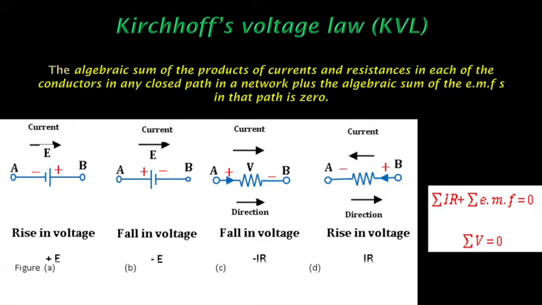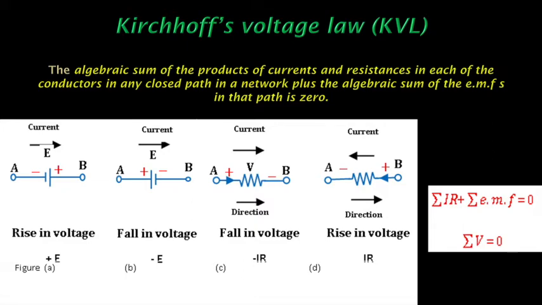In case of voltage change through a resistance, if the loop path direction is the same as the current, then it is considered a fall in voltage and the magnitude is minus IR, as shown in figure C. On the other hand, if the loop path direction is opposite to the current, then it is considered a rise in voltage and the magnitude is plus IR, as shown in figure D. The direction of current flow may be assumed either clockwise or anti-clockwise.